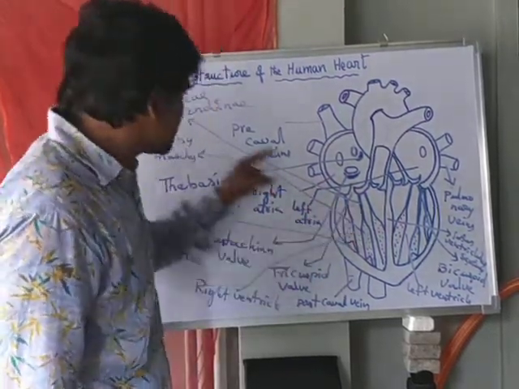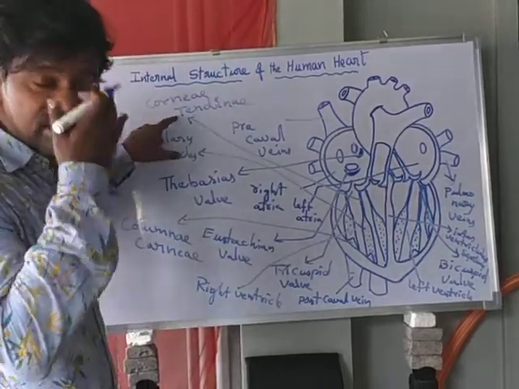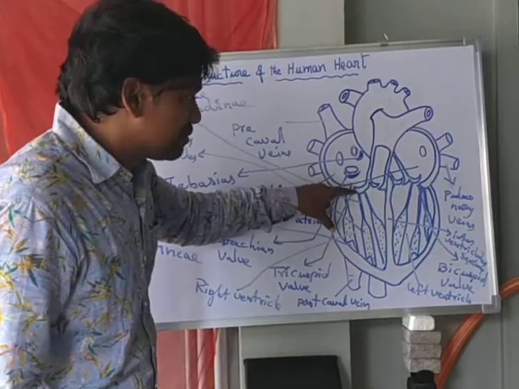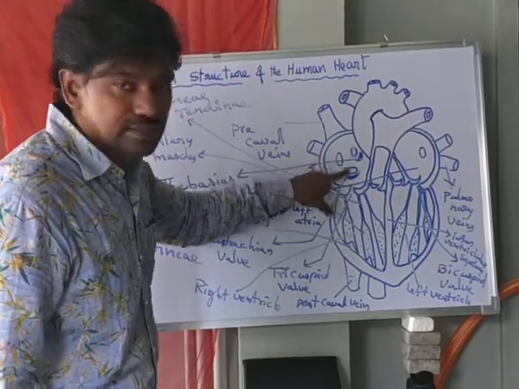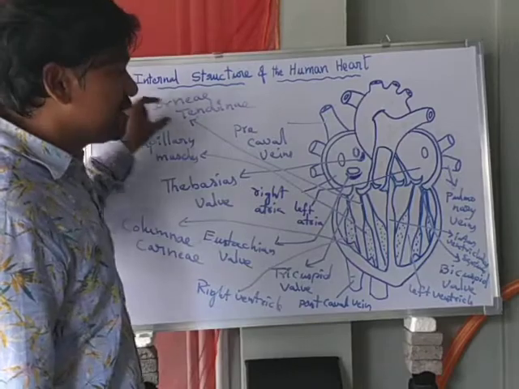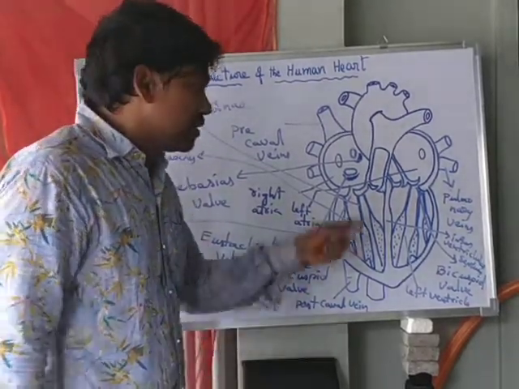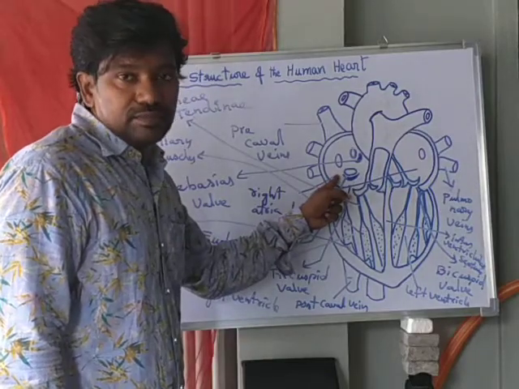Okay, so the chordae tendineae prevent the tricuspid and bicuspid valves from bulging too far into the atria.